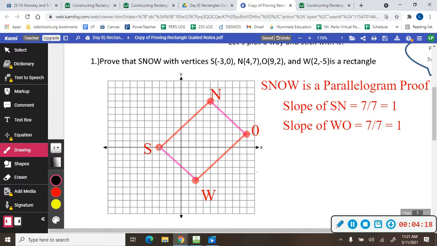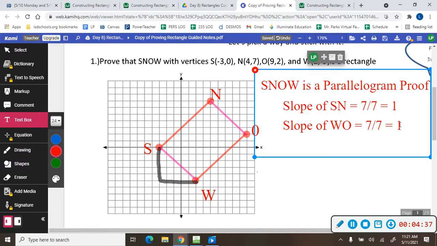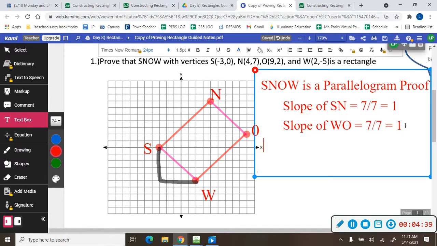So if I start at S, I have to fall and then run. When you fall, that's negative slope. That's why this is negative. That's 1, 2, 3, 4, 5 down, and 1, 2, 3, 4, 5 over. So the slope of SW is -5 over 5, which equals -1.